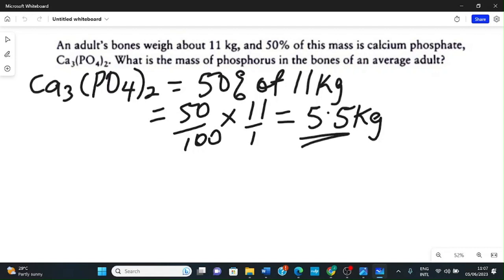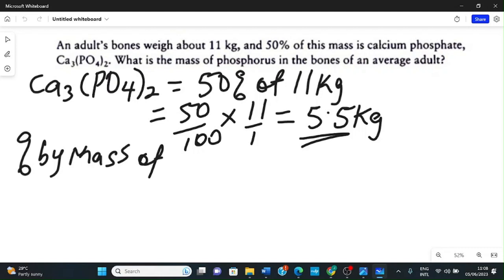So that is the mass of calcium phosphate. So then I ask, what is the mass of phosphorus in the bones of an average adult? So the next thing for you to calculate is percentage by mass. You need to know the percentage by mass of phosphorus in calcium phosphate, since you already know the mass of calcium phosphate.